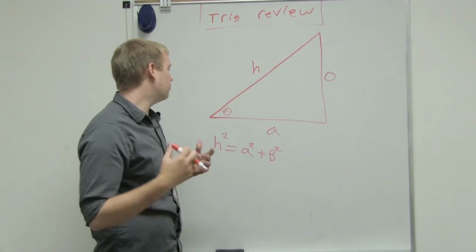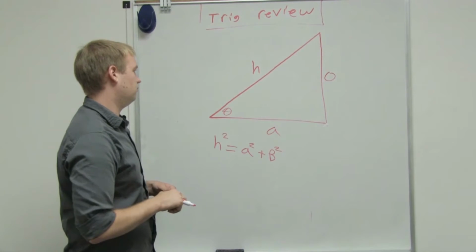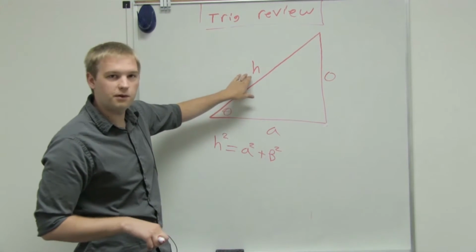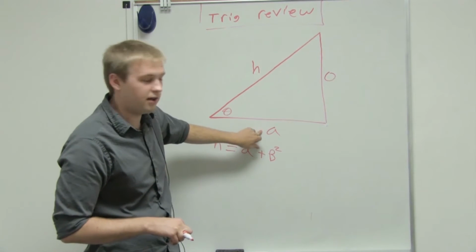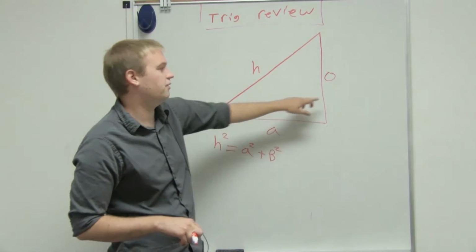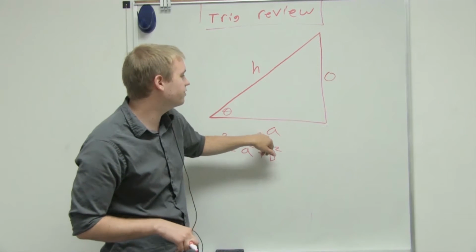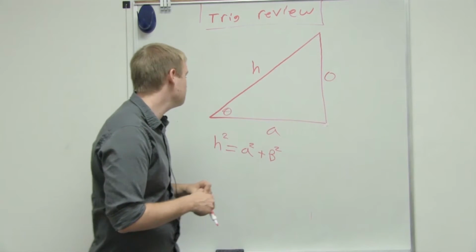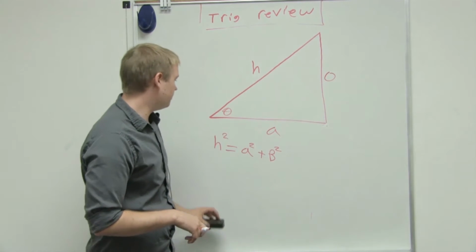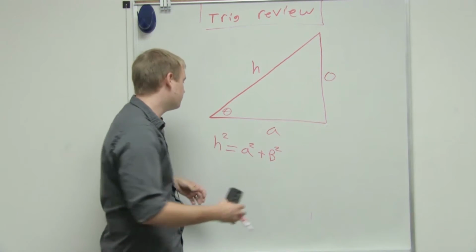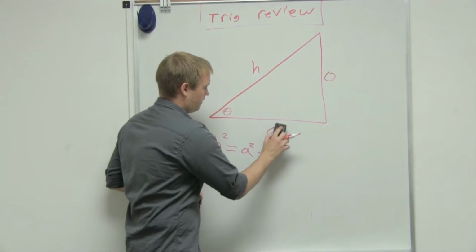This is really helpful when we don't know anything about the angle here. All we know is either our hypotenuse and our adjacent or opposite leg, or we don't know our hypotenuse or our angle, we just know the adjacent and the opposite leg. So let's see how we can use this to find what we're missing.